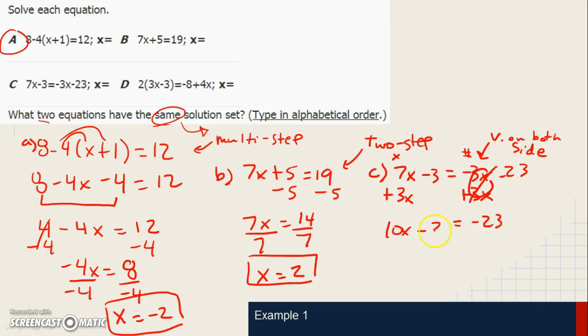And we bring down this minus 3. So now we have what we just solved, a two-step. The first step in our two-step is going to be add 3. And we have 10x equals negative 23 plus 3, which is negative 20. So now let's go ahead and divide by 10.